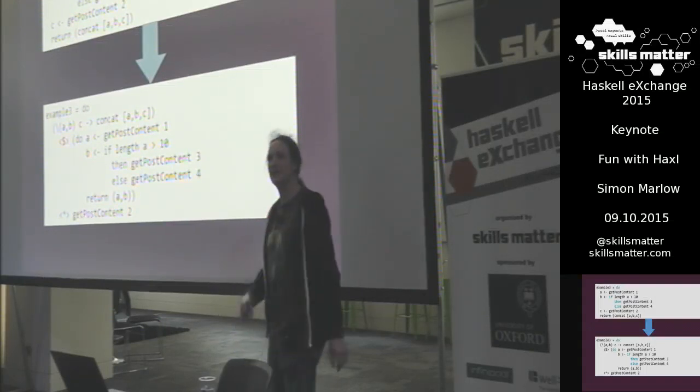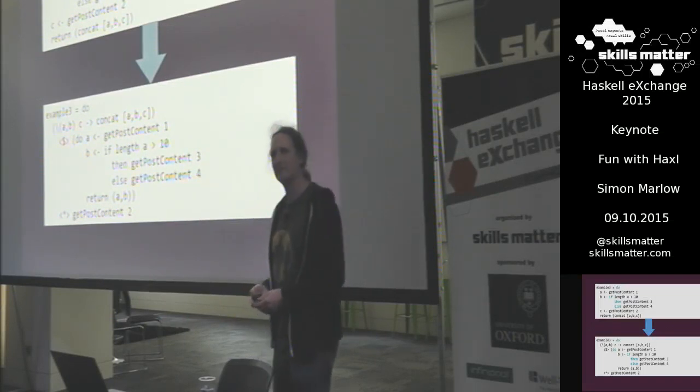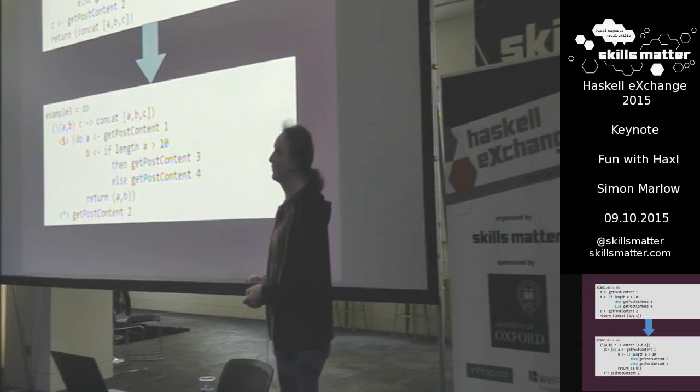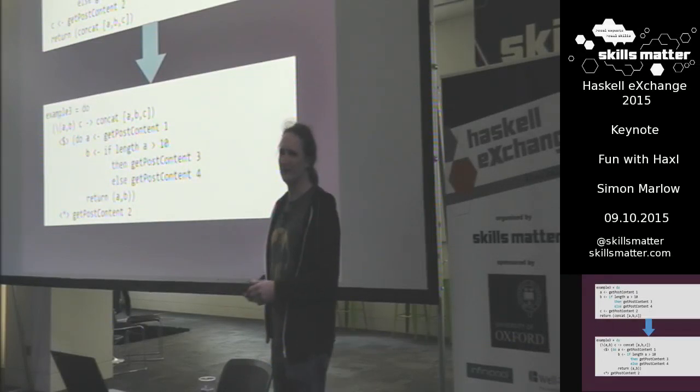Question? Yes? Does that mean that the programmer and GHC can disagree on the type of the do? No. Because the simple rule for types is you have to have no dependencies at all to get applicative. And that's a very simple rule. The rule about how much parallelism you actually get is more complicated.